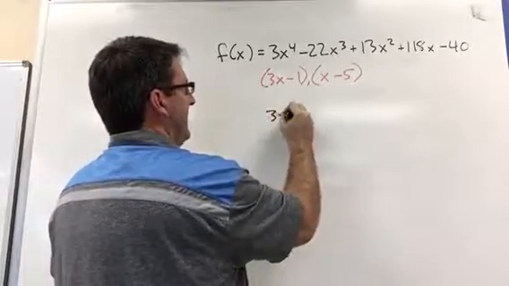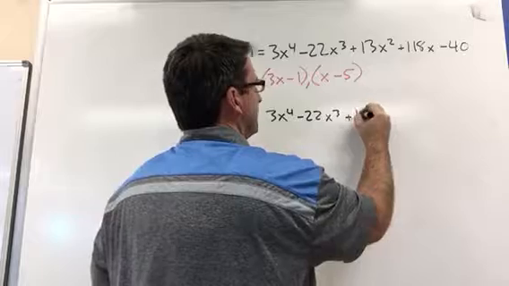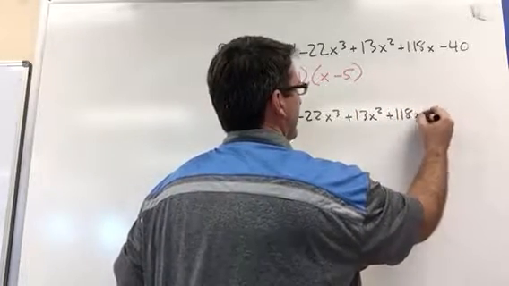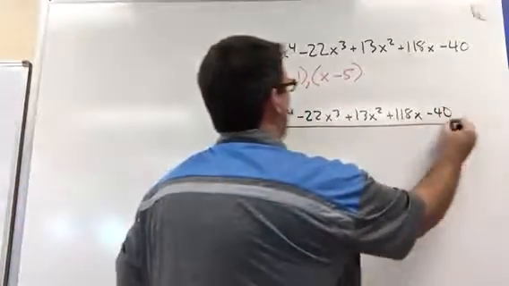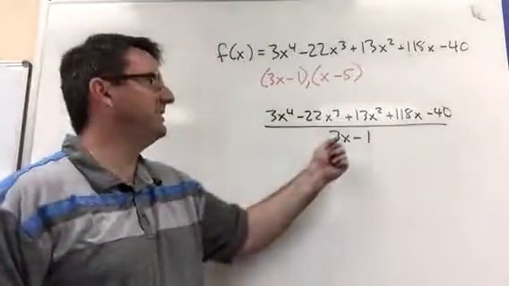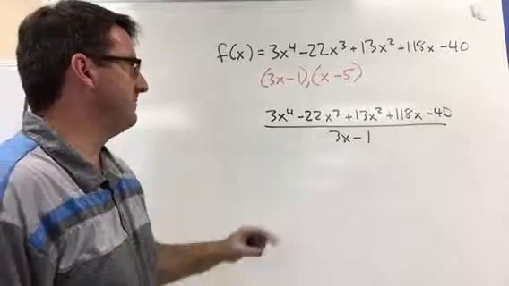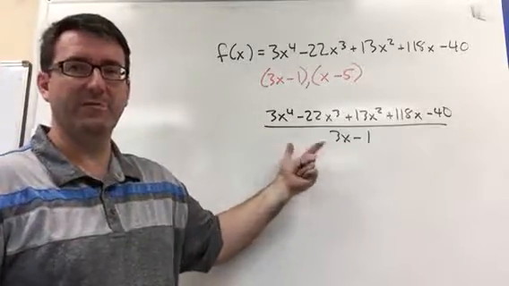We're trying to get 3x to the fourth minus 22x cubed plus 13x squared plus 118x minus 40 divided by 3x minus 1. And we don't want that 3 to be there. So what we could do is we could divide the top and the bottom by 3.